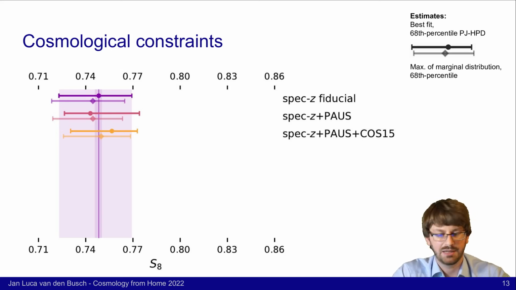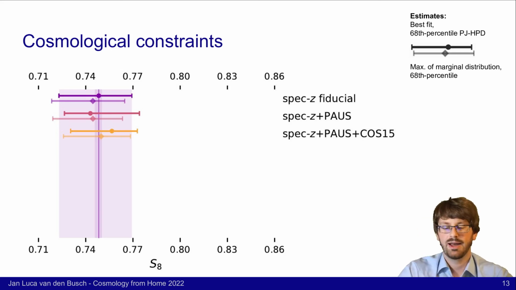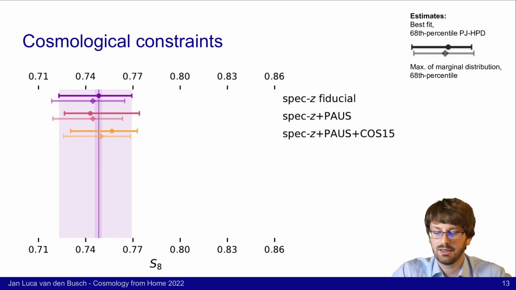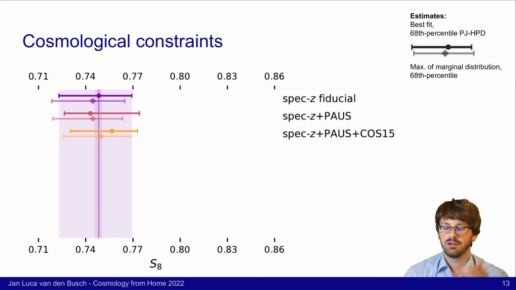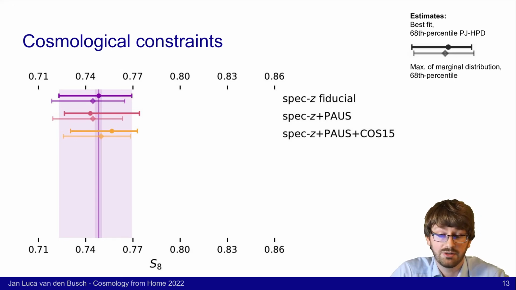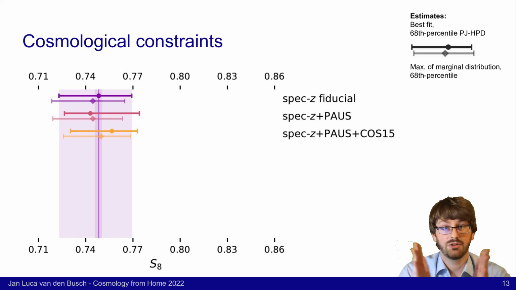The most important data point is our fiducial data set, which is highlighted here also by this purple shading. And we can see that if we compare the added PAUS and COSMOS constraints, we actually get very similar constraints on S8 in terms of the absolute value as well as the uncertainty on the parameter.